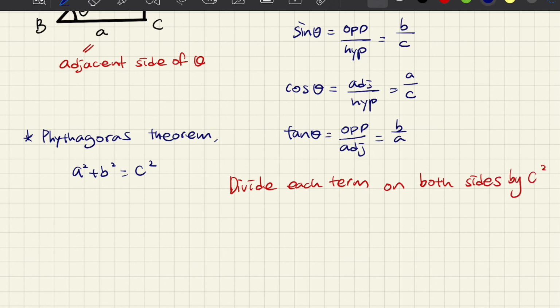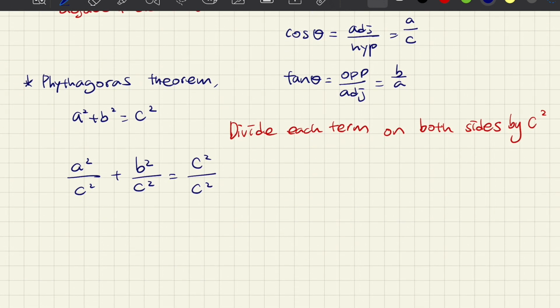So we do a squared divided by c squared plus b squared divided by c squared equals c squared divided by c squared. This will give us (a over c) squared plus (b over c) squared equals c squared over c squared, which simplifies to 1.